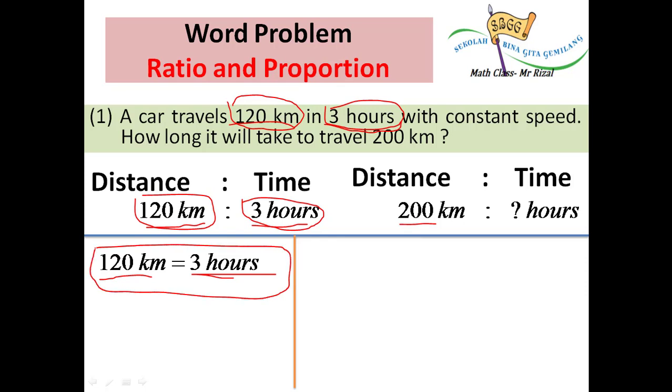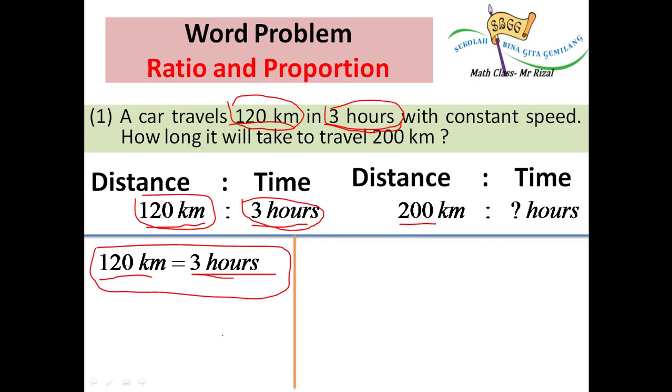And then with the unit system that we studied before, you have to change them into one unit. Is it 120 kilometers become 1 kilometer or 3 hours become 1 hour?